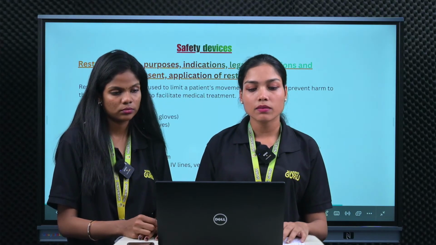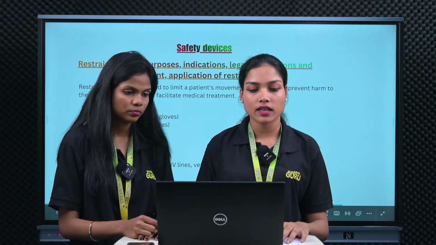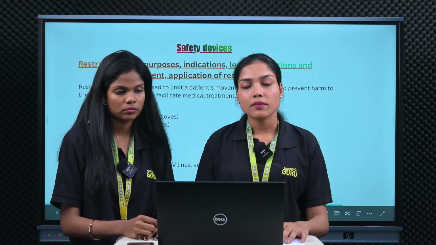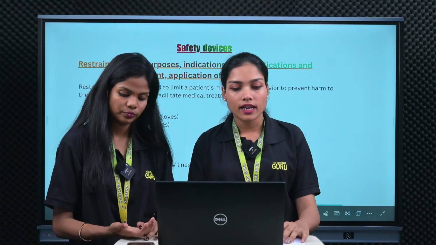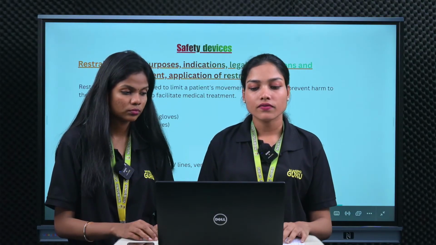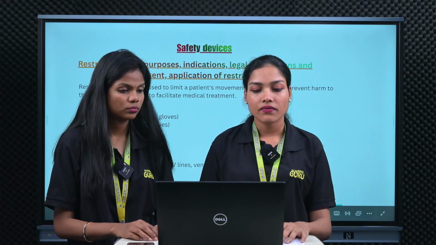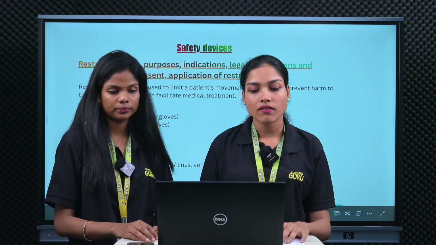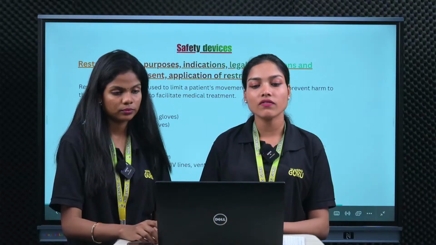These are the examples of physical restraints. Then chemical, example sedatives. Then purposes of restraints include prevent falls or injury, then protect others from harm. Last one is facilitate treatment, for example IV lines, ventilators. These are the purposes of restraints.